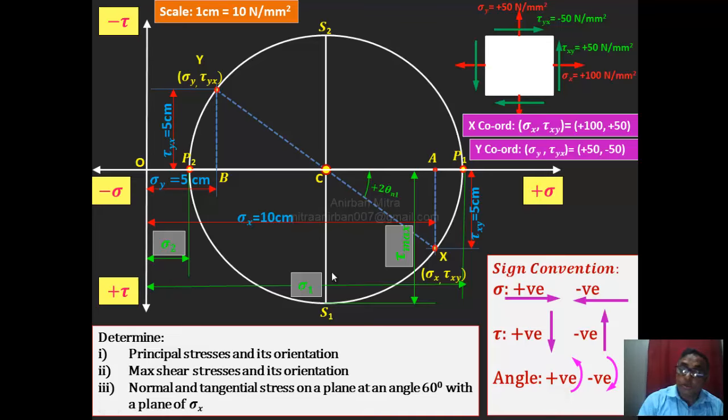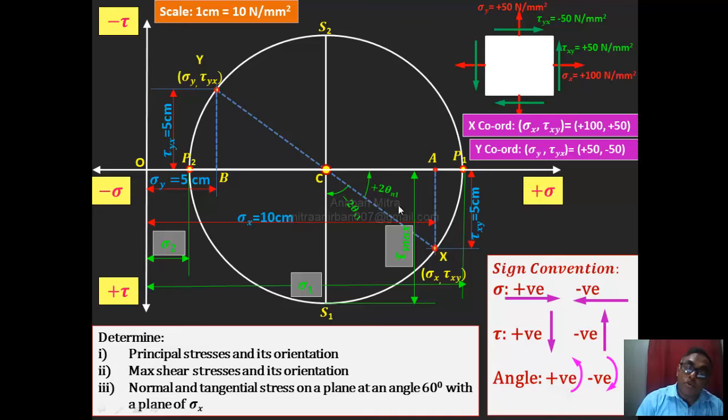To find the orientation, again we have to measure with the x axis CX. So the angle between XCS1 is basically our 2 theta S1 value. Just see, here I have mentioned a negative value. Why negative? We have measured it from this line in the clockwise direction, so a clockwise angle is measured as a negative value.